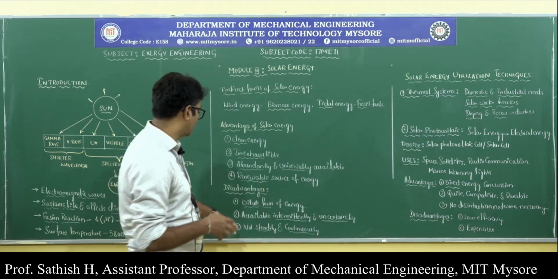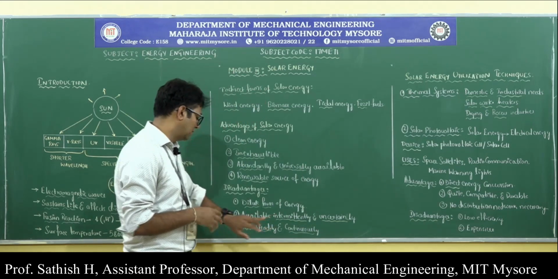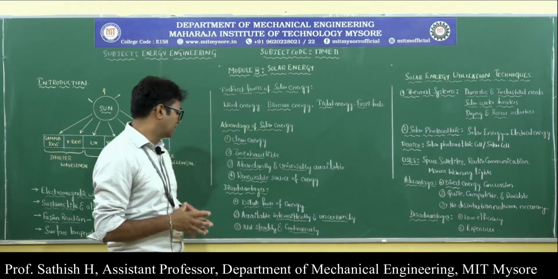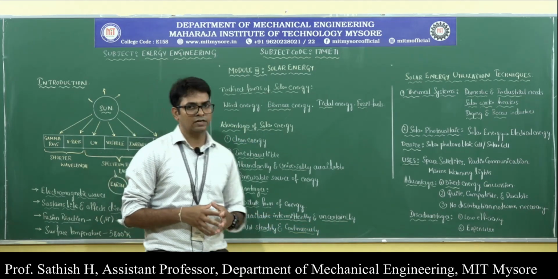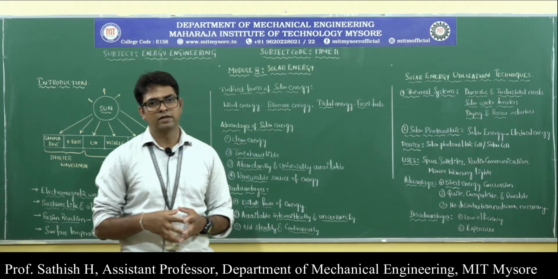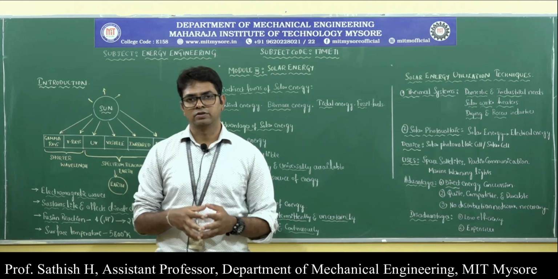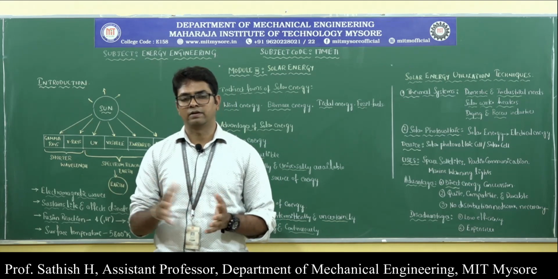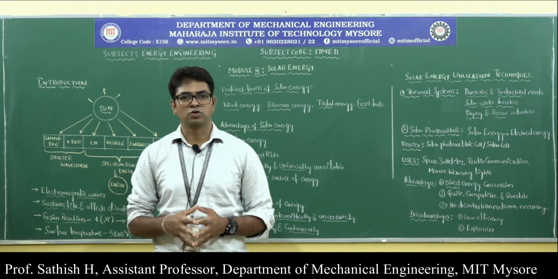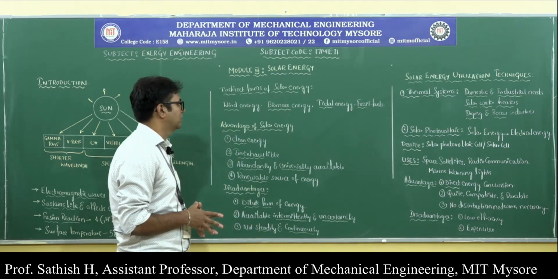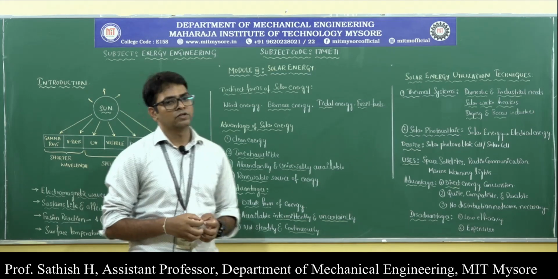So that is one of the disadvantages, available intermittently and uncertainly. It is not available steadily and continuously, there is a gap in the availability of solar energy. So these are some of the advantages and disadvantages of solar energy.